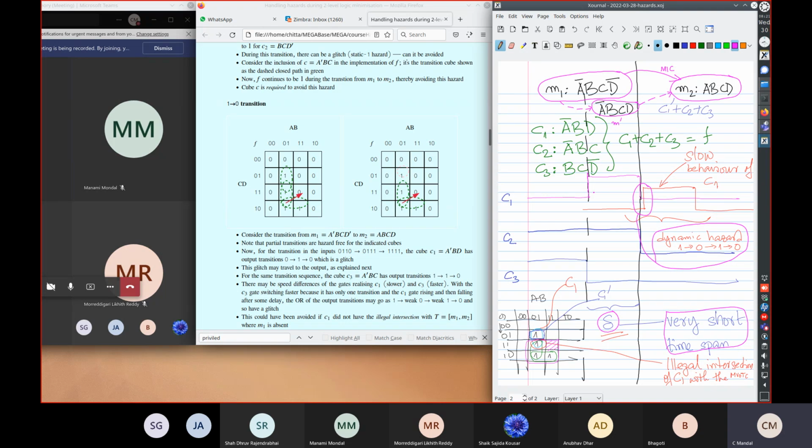If this happens within this period, it's all right, but it could be delayed to the extent that this rising edge happens after these have fallen. So C2 and C3 might be faster gates, and C1 could be a slower gate. This is possible, so we don't want this illegal intersection.